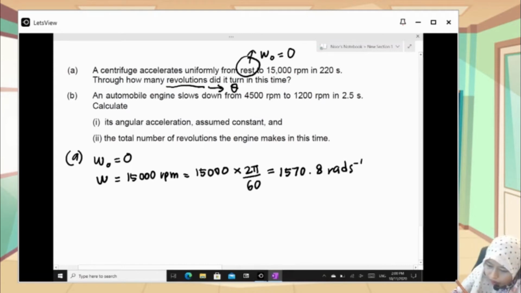Okay, and then we got time, 220 seconds. And then the question asks for the theta.